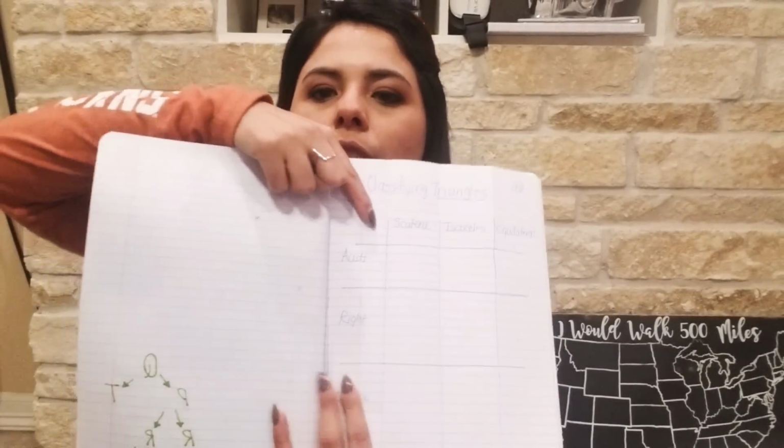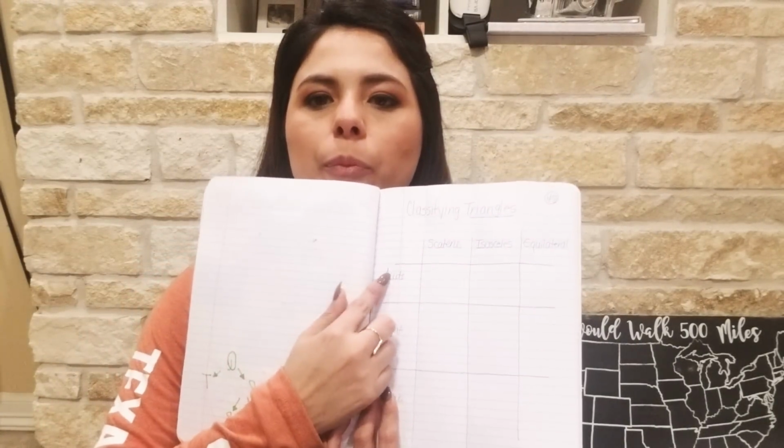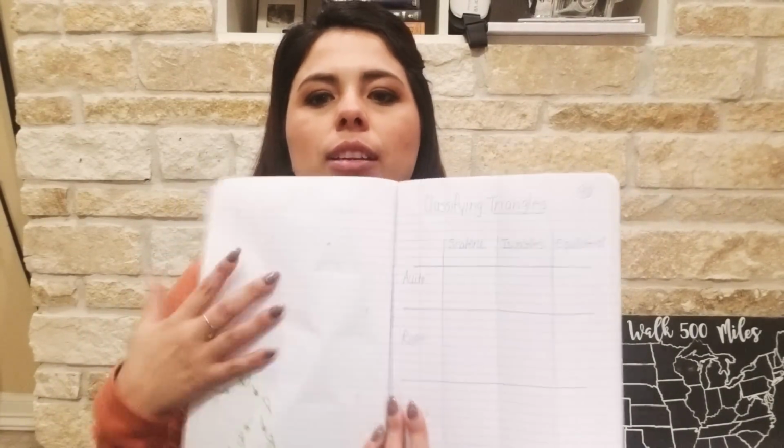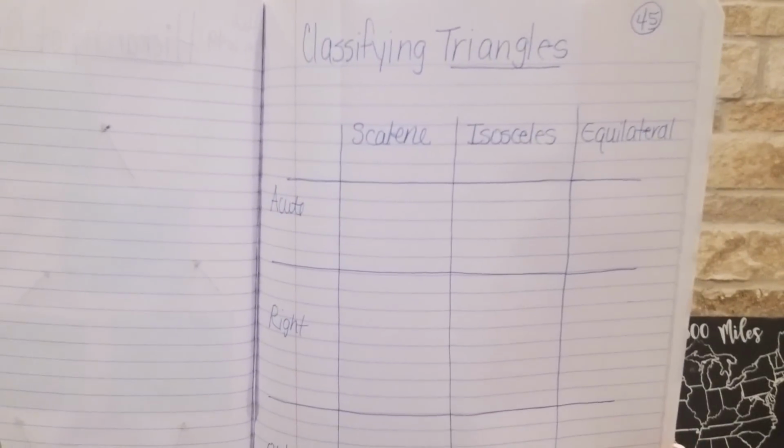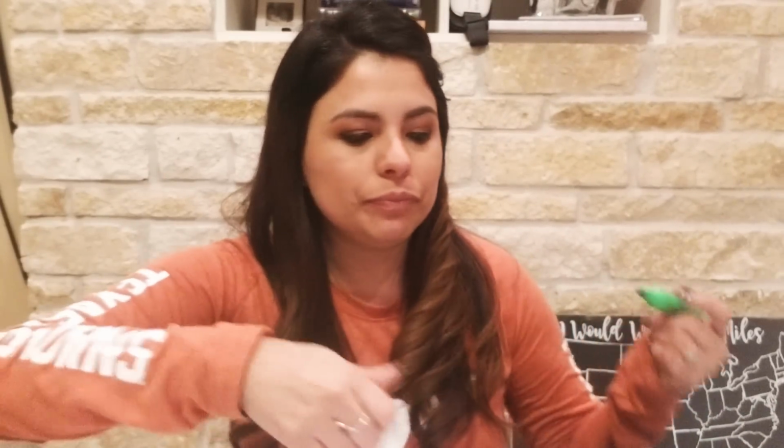Okay, so we're going to start right here. So right here, we would be acute and scalene, right? Okay, so we need to ask ourselves, can we have an acute triangle that is also scalene? Okay, so if I were to draw out a triangle, and we'll start with acute, an acute triangle meaning that all my angles are less than 90 degrees.